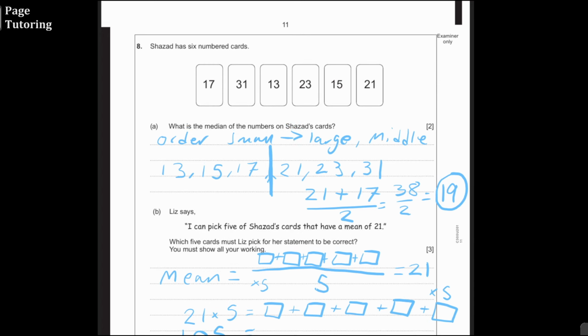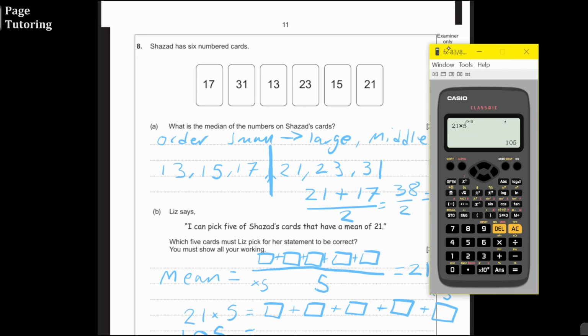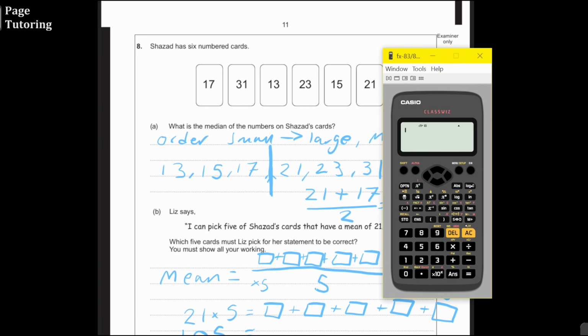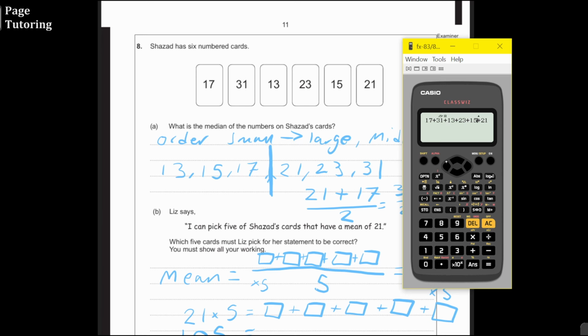So now we're getting up our calculator and just adding up all of the numbers. So 17 plus 31 plus 13 plus 23 plus 15 plus 21. And you could always scroll back through your calculator to check that, yeah, that's 6 numbers there.